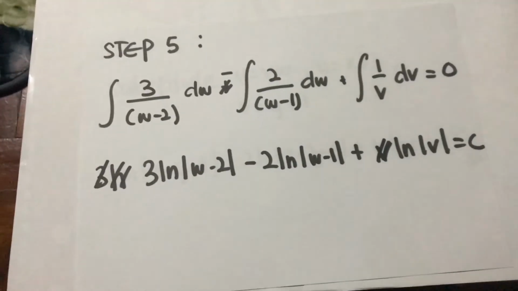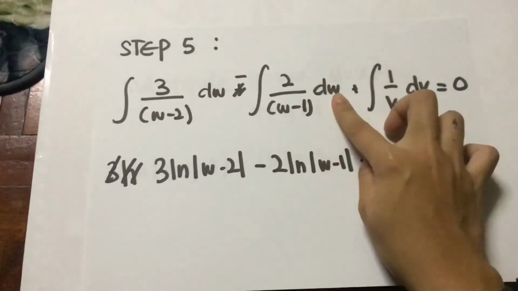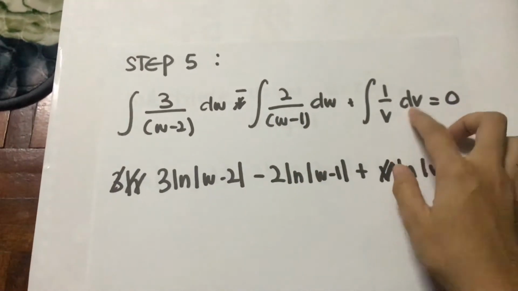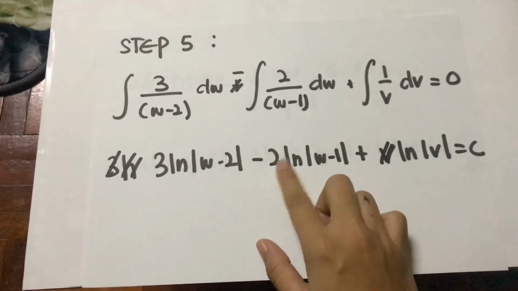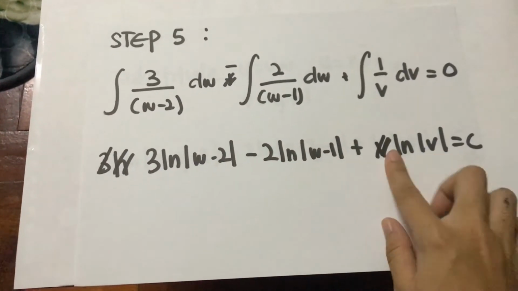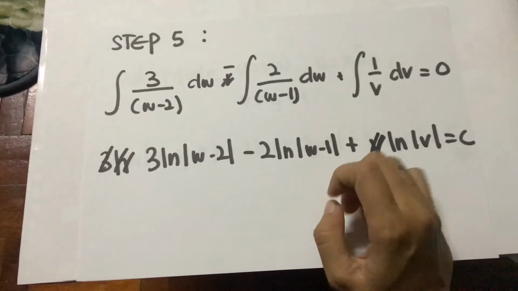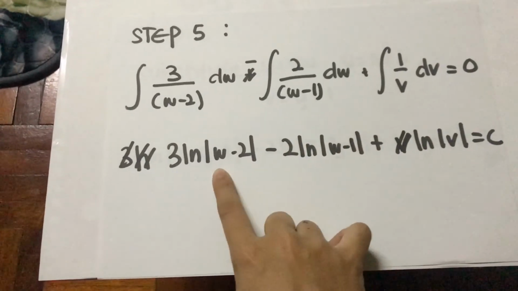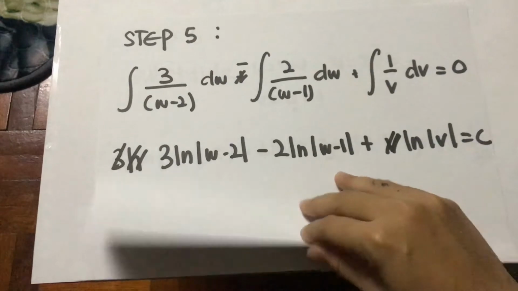So we integrate both sides, integrating with respect to w, dw, and dv. We have found that the answer is 3 ln (w minus 2) minus 2 ln (w minus 1) plus ln v equals c. But the equation is in the form of x and y, so we change w and v into the form of x and y.